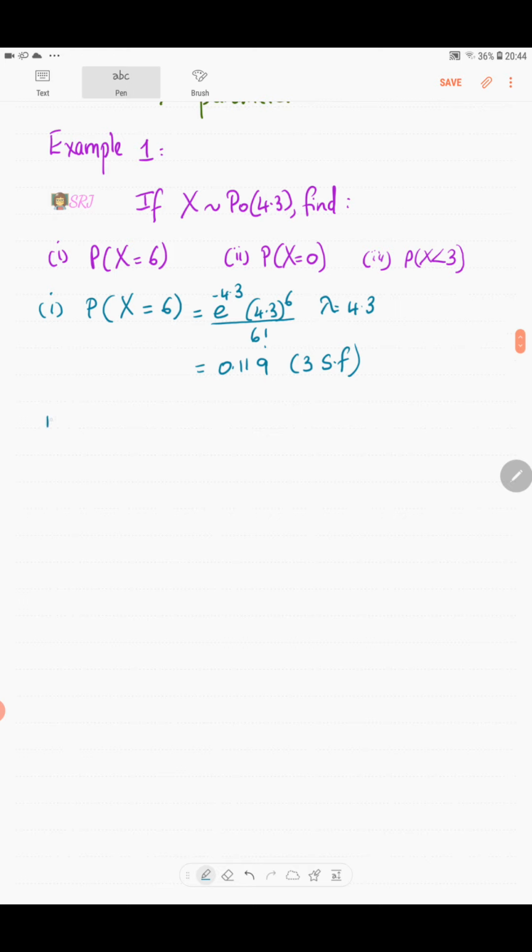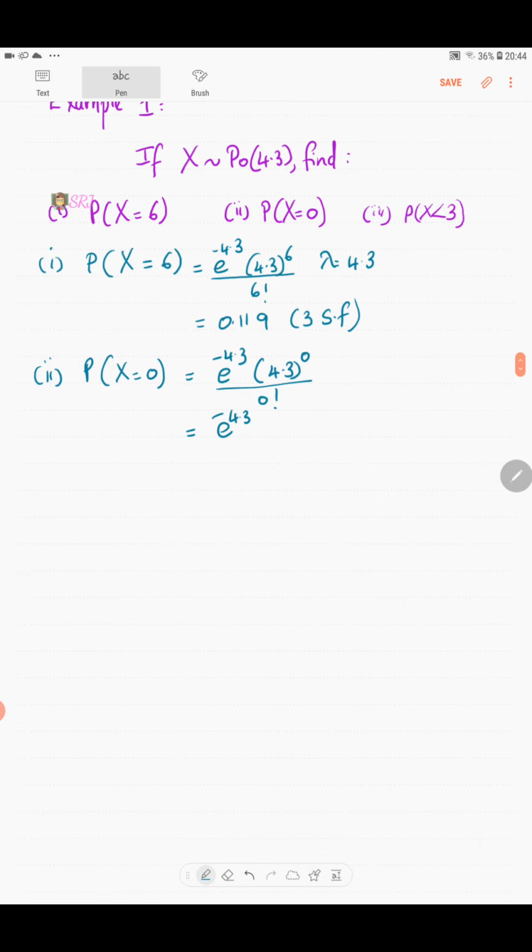The second one, probability X is equal to 0. Again, we replace lambda by 4.3 and small x by 0, the whole divided by 0 factorial. And we obtain e power minus 4.3 because 4.3 power 0 gives us 1 and 0 factorial also is 1.